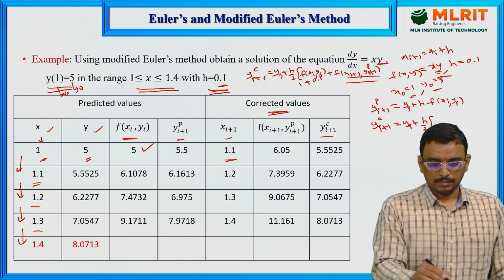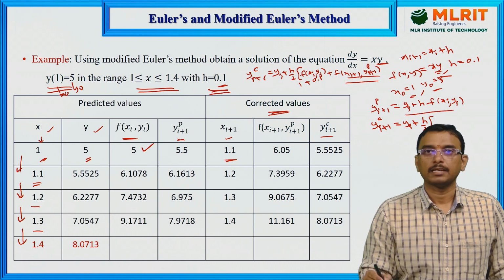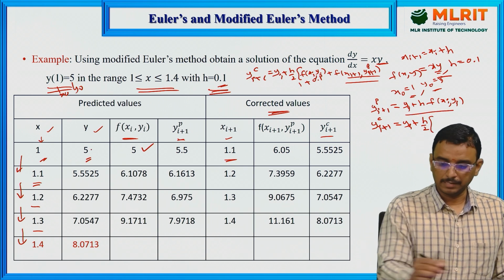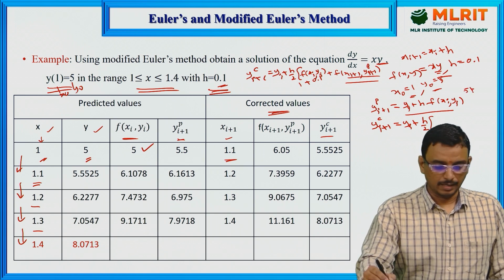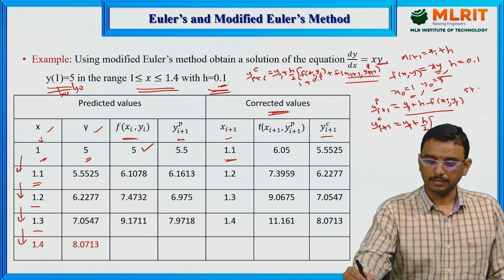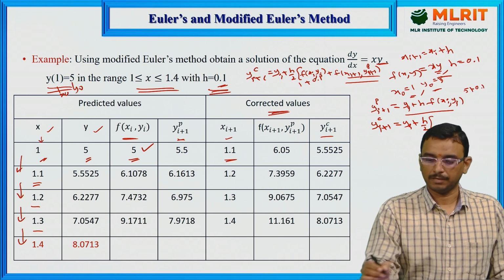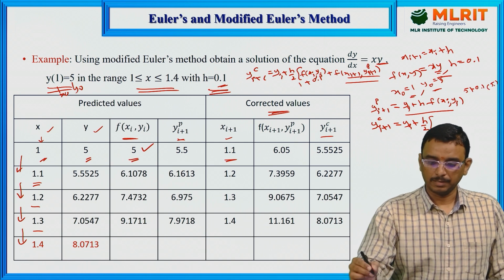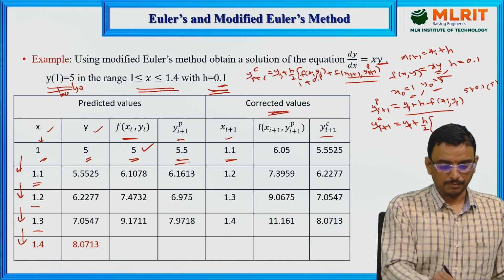Now take the formula y i plus 1 of p is equal to y i plus h into f of x i comma y i. So y i is 5, plus h, the interval difference, is 0.1, into the functional value 5. So 5 plus 0.5, it becomes 5.5.